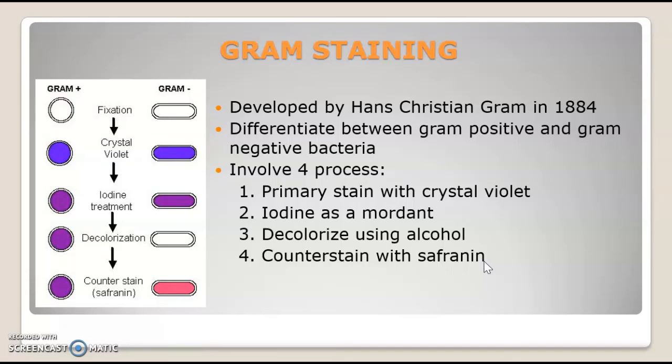The first step is to stain with crystal violet. The second step is using iodine as a mordant, followed by decolorizing using ethanol or acetone. Ethanol is a type of alcohol. And the last step is to counterstain with safranin.